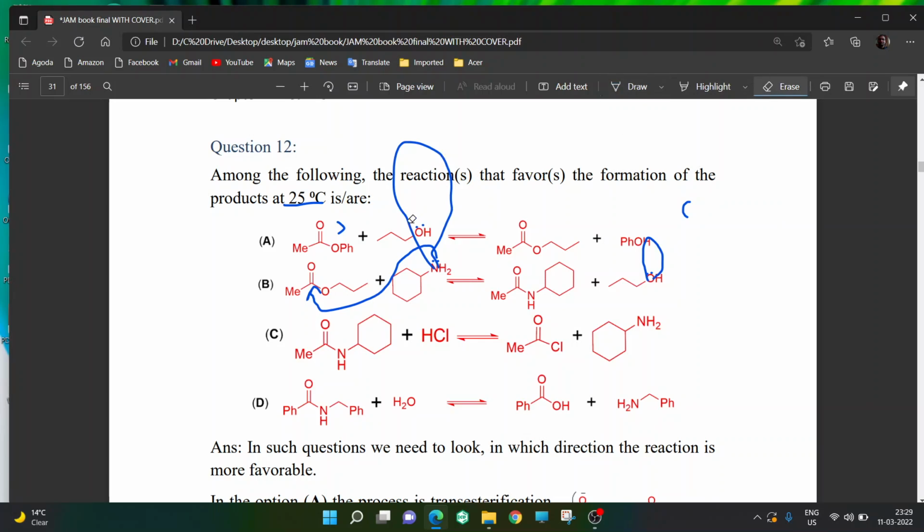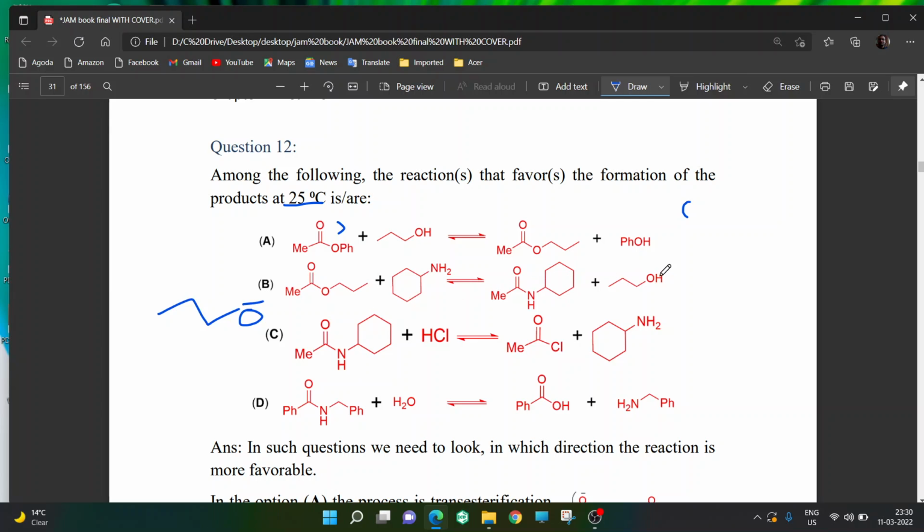Apart from that, you see the leaving group here. The leaving group here is alkoxide ion, right? This is stable to a certain extent because oxygen has negative charge. Oxygen is electronegative, it can stabilize the negative charge.